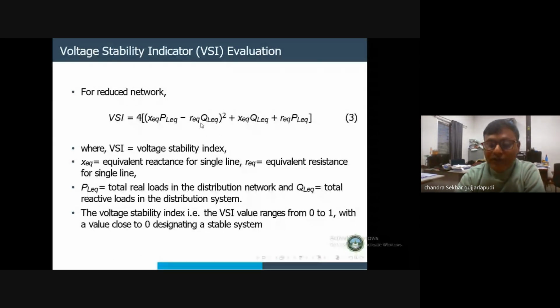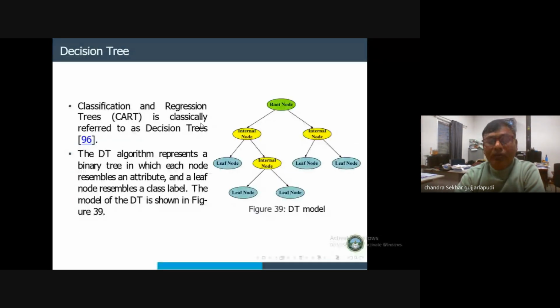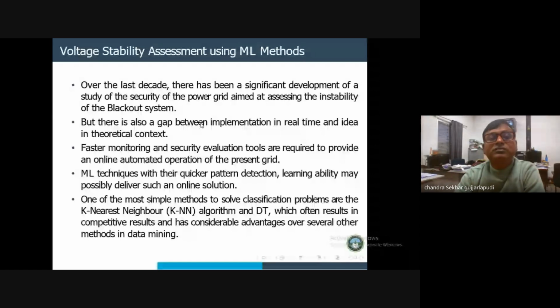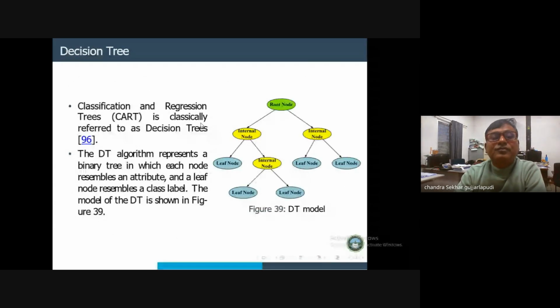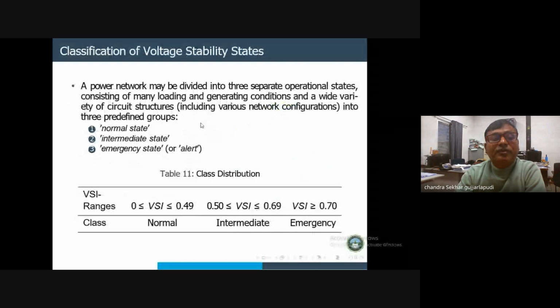Now, what we did basically, we are checking here. Here we have utilized some kind of machine learning algorithms like k nearest neighbor and decision tree algorithm for classification purposes.